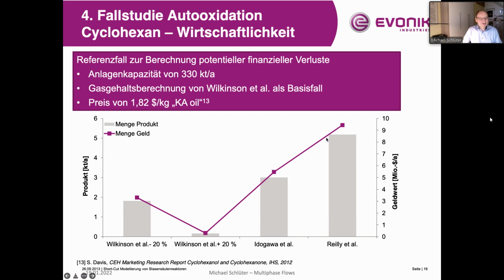More dramatic is what we earn from this production. This is the value of our product in $1 million per annum, and you see here we have $2 million, $10 million, $5 million, and probably it's not worth running the process with Wilkinson at all at plus 20%, because we're just a little bit above $0.